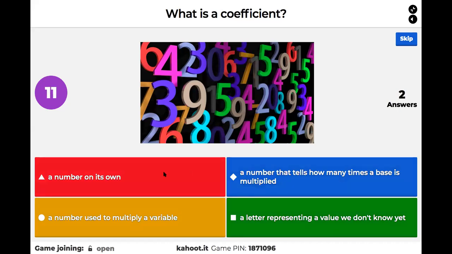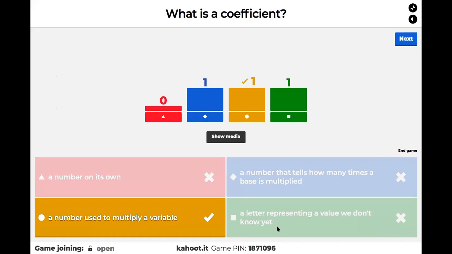So yeah, a number used to multiply a variable. That's when the number is in front of the letter or right next to it.